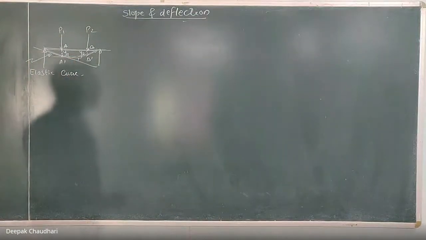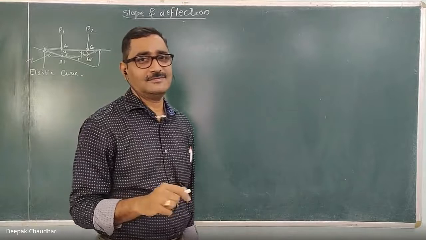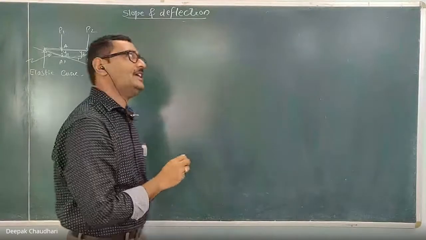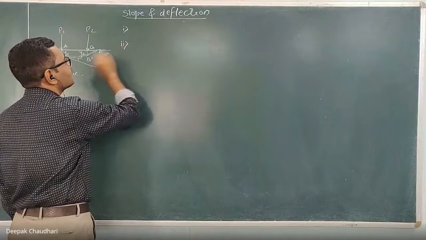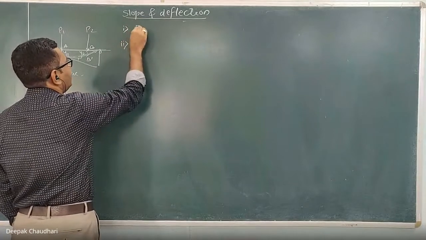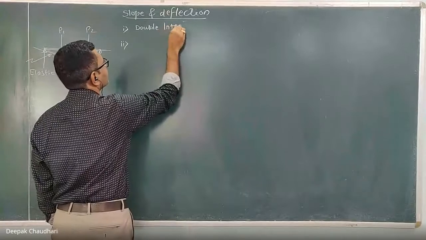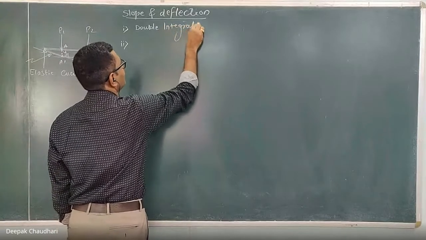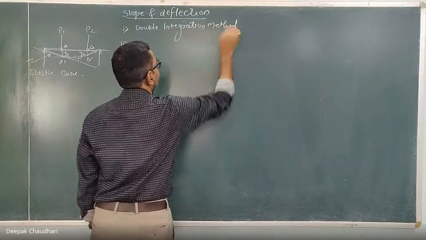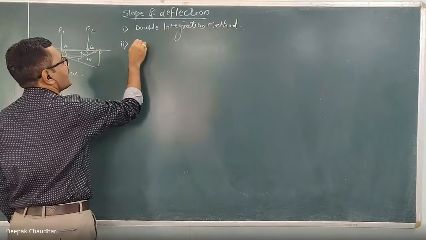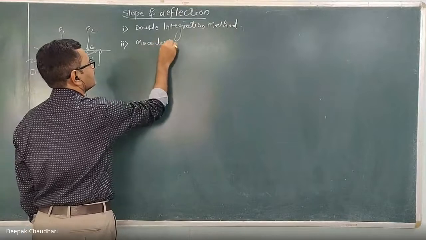To calculate that slope and deflection, a number of methods are there. But in strength of materials, we are going to learn only two different methods. One is the double integration method, and the second one is Macaulay's method.